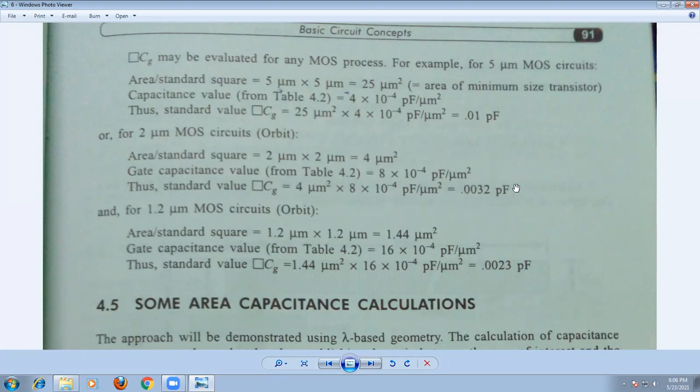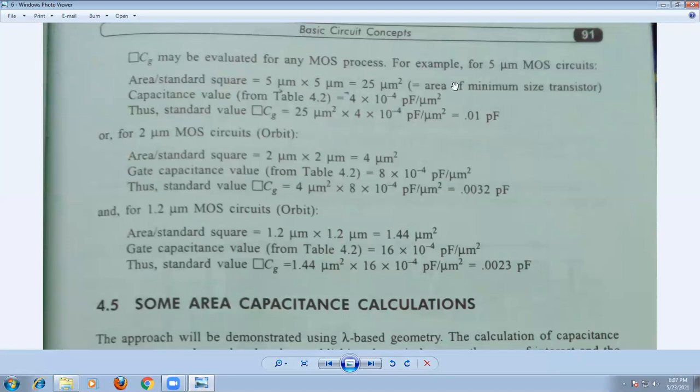In orbit 1.2 micrometer technology, 1 square Cz is equal to 0.0023 picofarad. Like this we can calculate 1 square Cz in each and every technology.